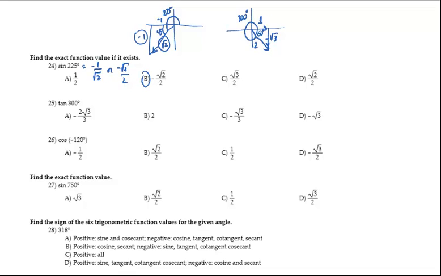So our tangent of 300 would be equal to the opposite side over the adjacent. You would end up having -root 3 over 1. And that would be choice D. Notice there's not a 1 over it, that's why I paused a little bit.